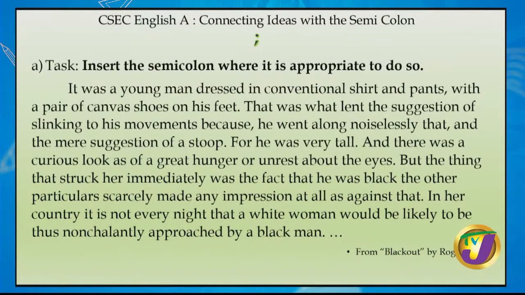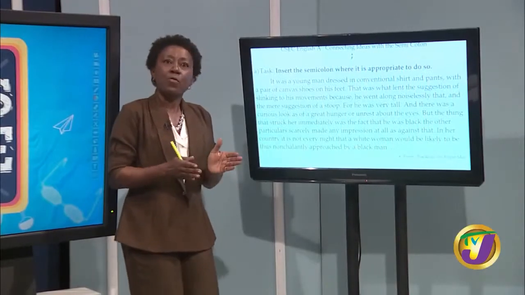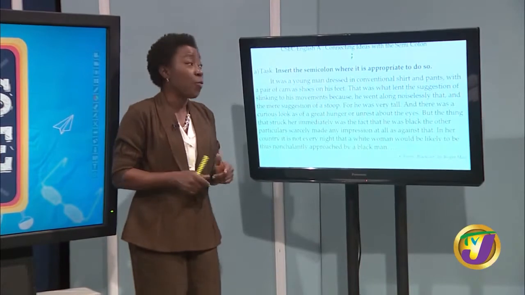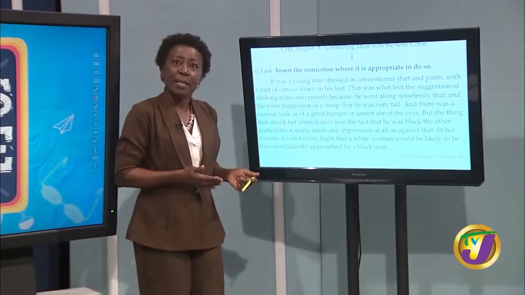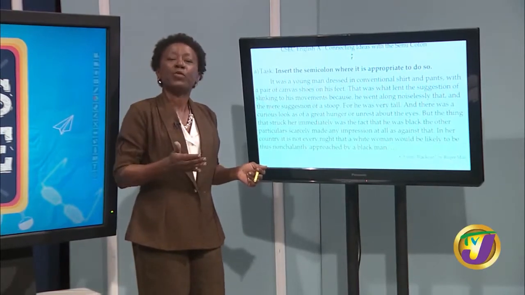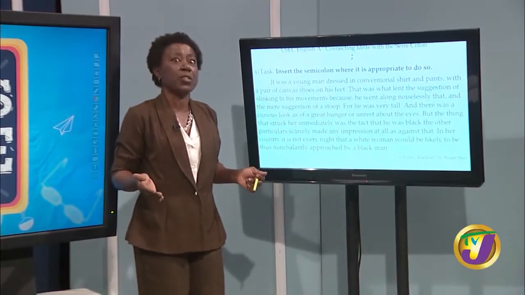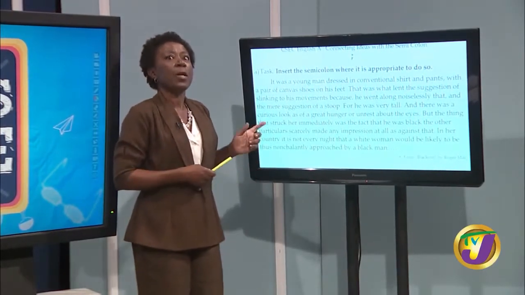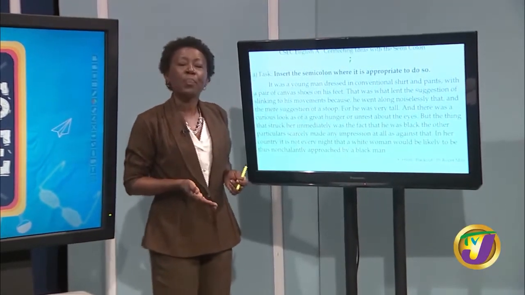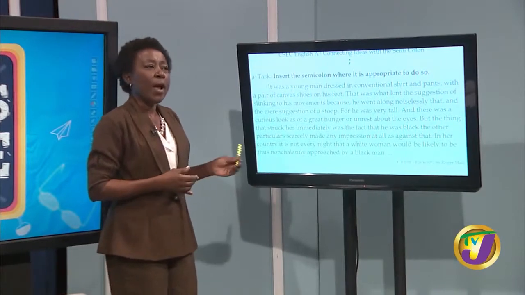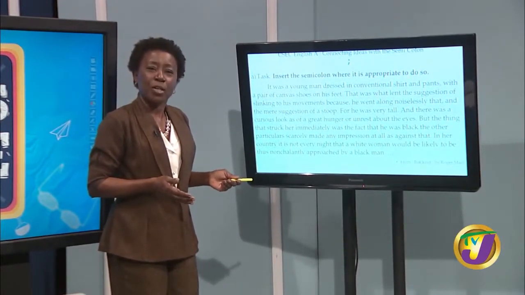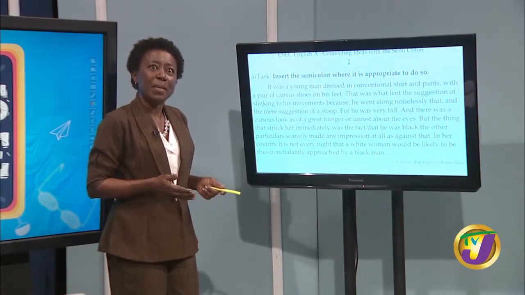But in spite of that, every creative writer would like you to get an understanding of what he or she is writing. And in order for them to do that, they have to create independent thoughts, just the same. So let us examine this. What are we looking for? We are looking to see where there is an independent expression and whether or not we should put the semicolon there.